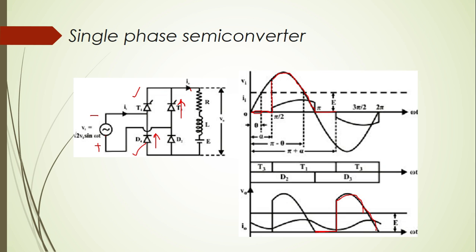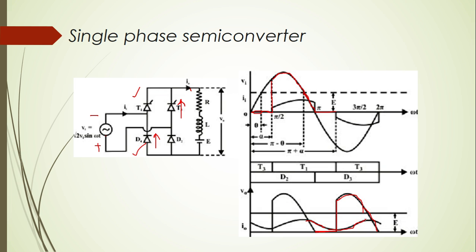Here also, as we said earlier, at pi minus theta, when the magnitude of the input voltage becomes less than the back EMF E, the current starts to reduce. And again when we turn on thyristor T3, the forward current starts to increase. So again the load current starts to increase.